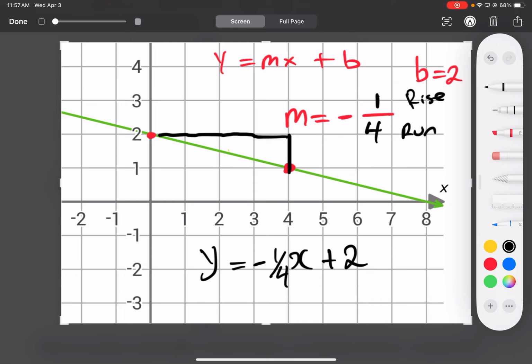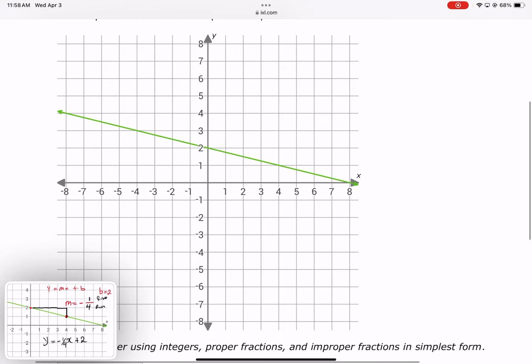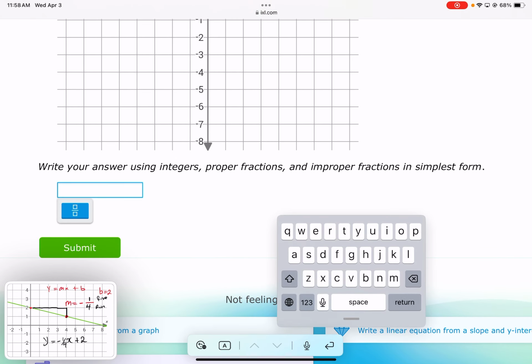Why is it a negative slope? Down from left to right. So negative, anyone remember?